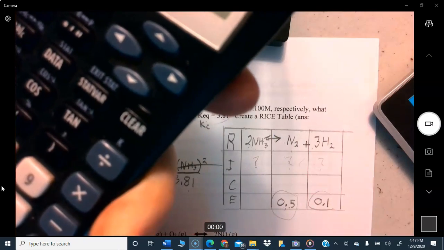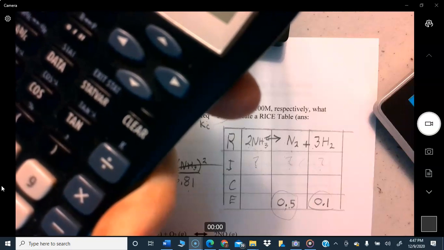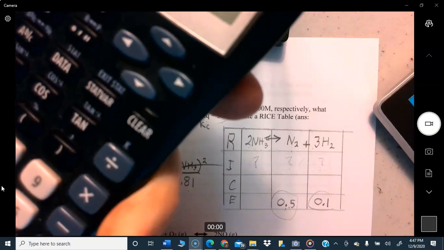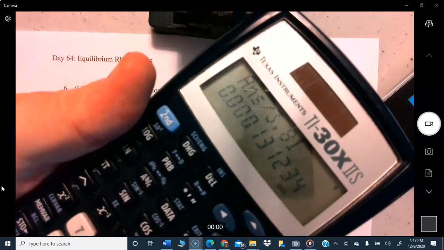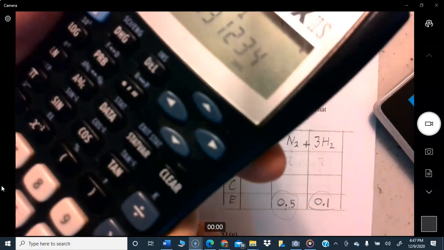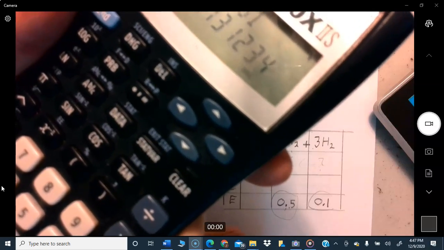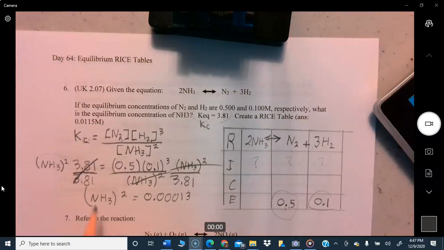So that means that NH3 squared equals that. That's a lot of significant figures. 0.00013. I'm going to go with that. Okay, so that's what I have from the calculator. Now I need to take the square root of that.